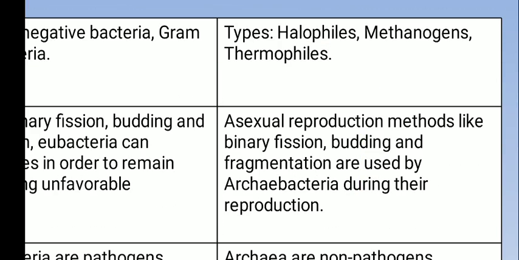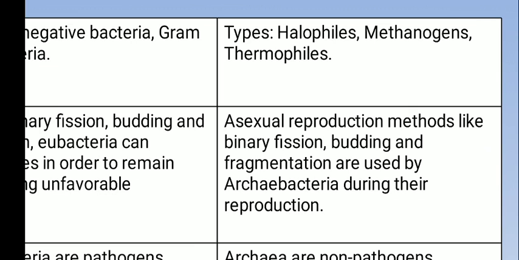As we have discussed earlier, they are of different types, meaning they may be halophiles, which grow in higher salt concentration. Then they may be methanogens, meaning these organisms are strictly anaerobes.